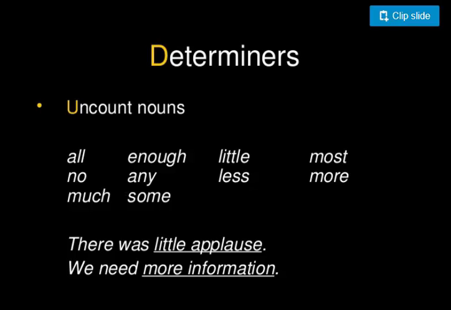There was little applause, or we need more information. So how little applause you did, we are unable to count it. How more information you need, so it is impossible to count, so such determinants are used with uncount nouns. Okay.